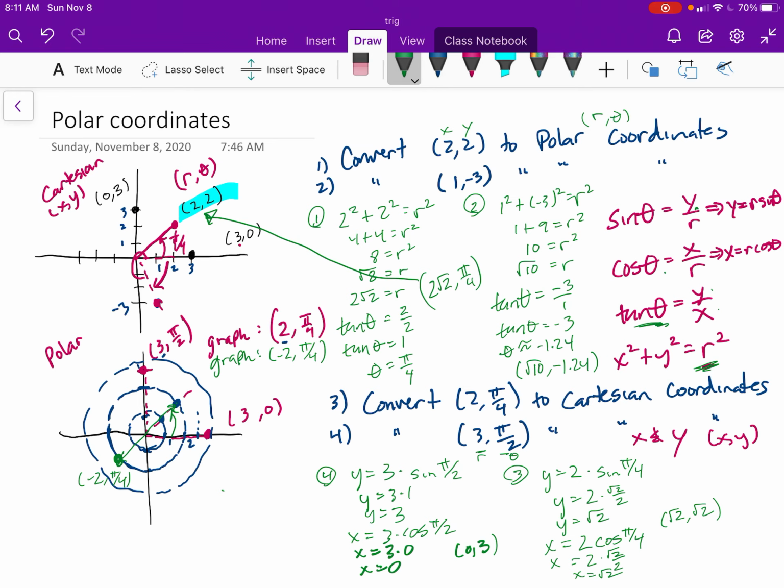Now what if I asked you to graph, which we kind of did above, that's okay though, graph 2, negative pi over 4. Well, now I go negative angle, right? Negative pi over 4 is there, and then I go outwards 2. So I'm here.